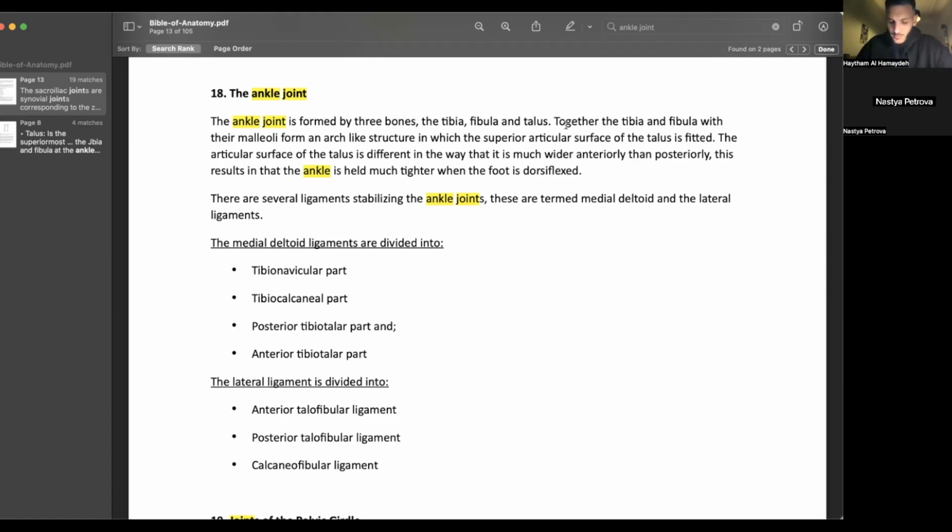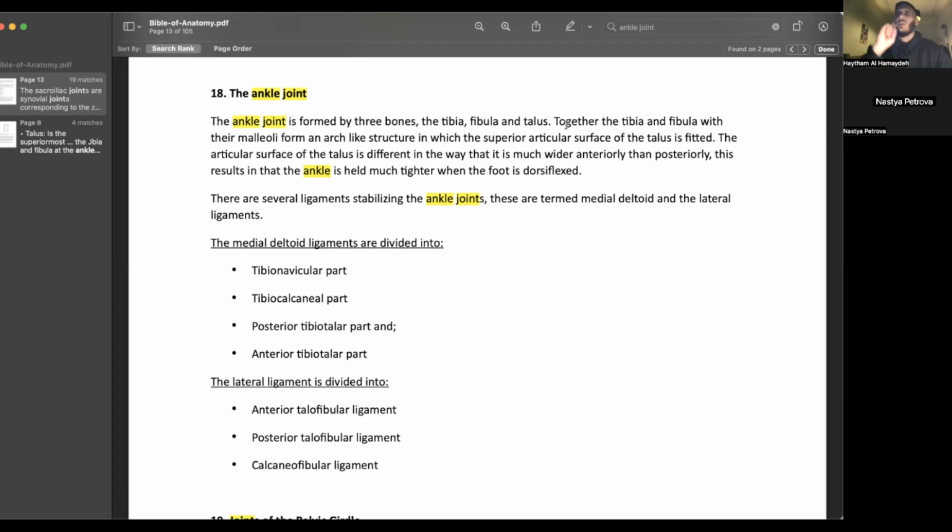The medial articular surface of the talus articulates with the lateral surface of the medial malleolus. Nice. The lateral surface of the talus? The lateral surface of the talus articulates with the medial surface of the lateral malleolus.